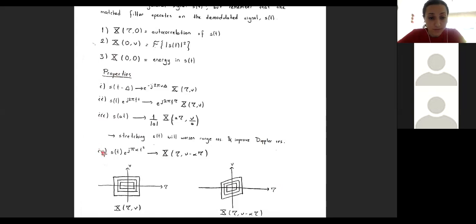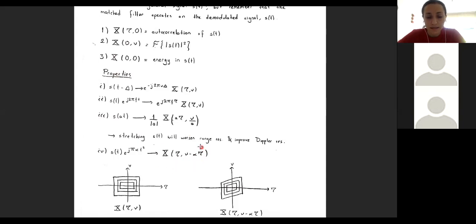As a third property, if we modulate s(t), if we have a chirp modulated version of the signal at the input of the matched filter, then the effect in the ambiguity function is that there will be no effect on the tau axis, but the v axis is going to contain now both the delay mismatch and velocity mismatch. So you're going to have v minus alpha tau.